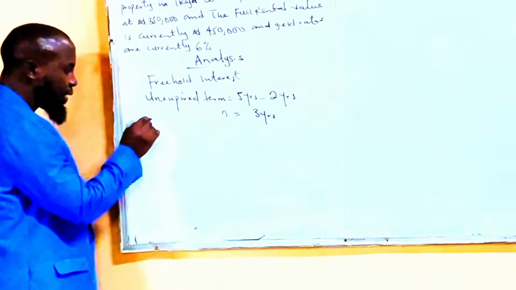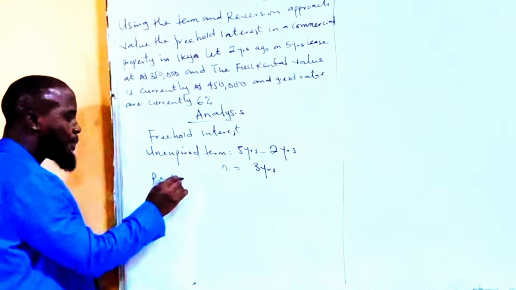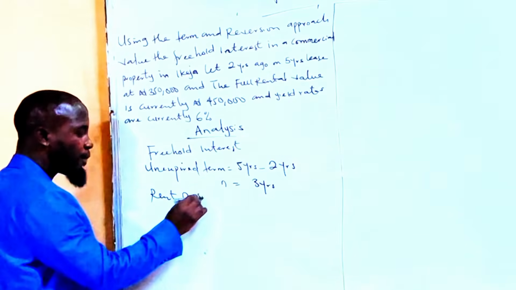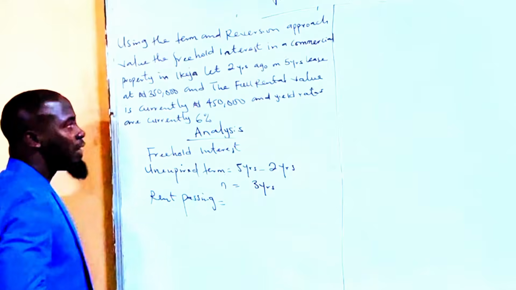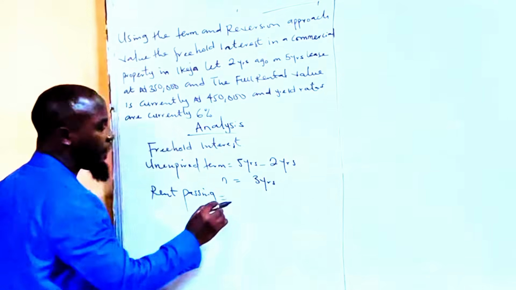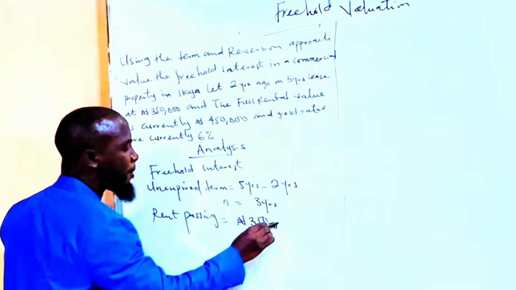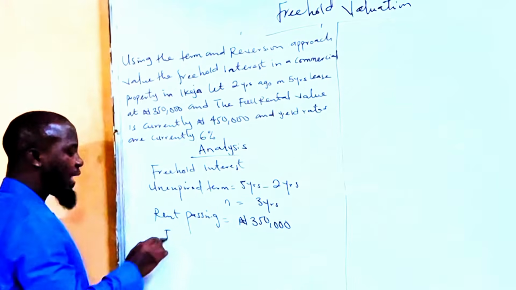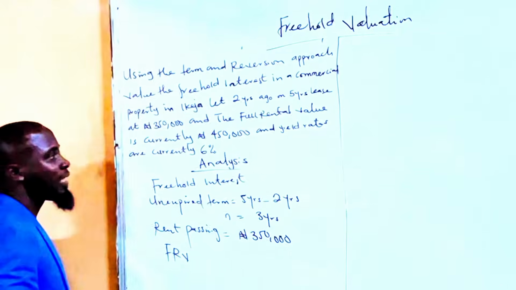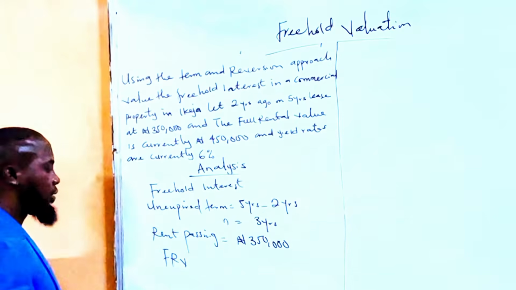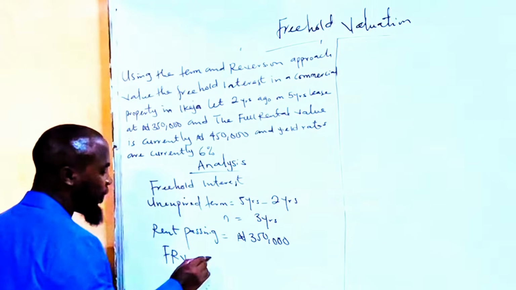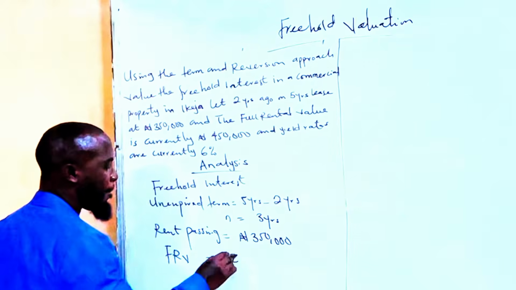Then the rent passing in the premises, or the rent reserve, is 350,000 naira. The full rental value, similar properties in the neighborhood, is commanding 450,000 naira.